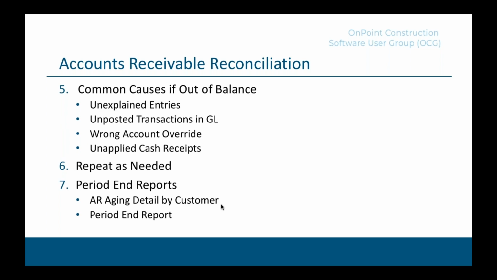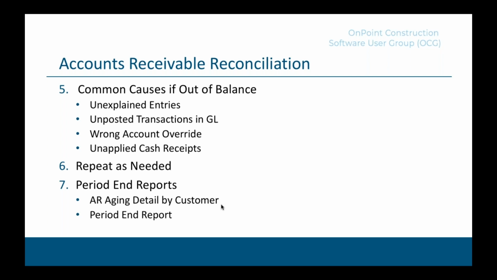So some of the common causes to be out of balance are some unexplained entries. Maybe somebody went into GL and made an entry to the accounts receivable account, which you don't want to happen. Any unposted transactions in the general ledger. Wrong account override.